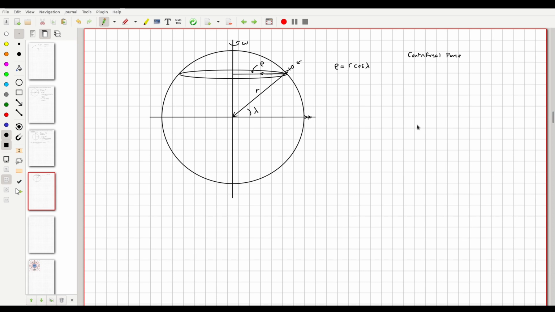And so, were you to sum up the forces of someone who's standing here, and we're going to use the old version of gravity, just mg for the time being, to make our life easy here, let me draw a force diagram on them. So here you are standing on the equator like this, and you've got your weight pulling you down like this, right?